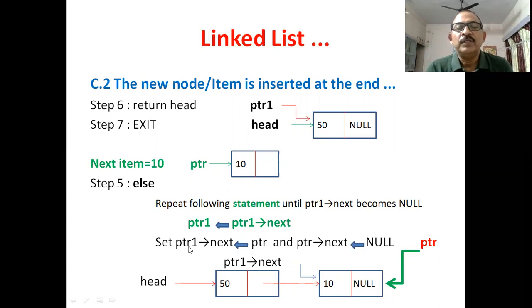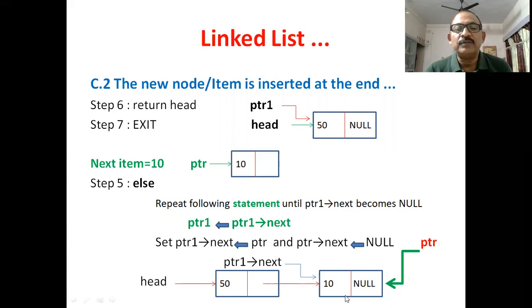What will we do? PTR1 next is equal to PTR. What does it mean? Head is 50, the first node, and PTR1 is pointing to this head. Now what did we do? PTR1 next is equal to PTR.